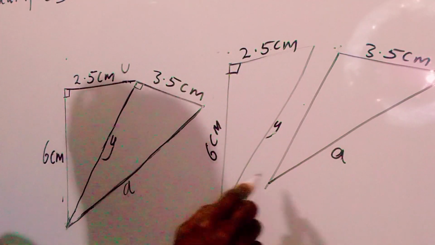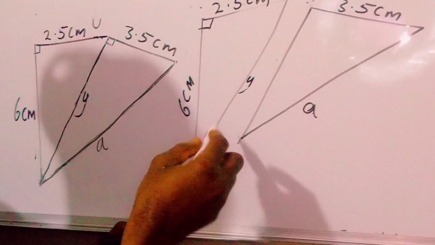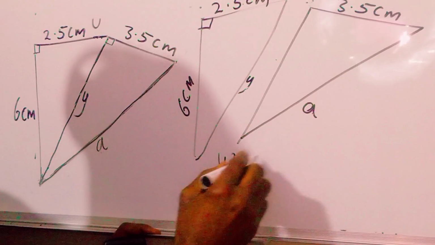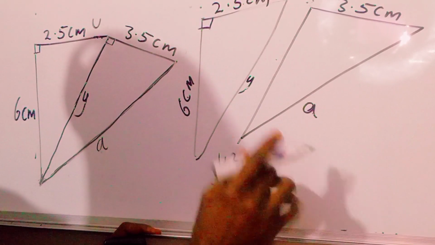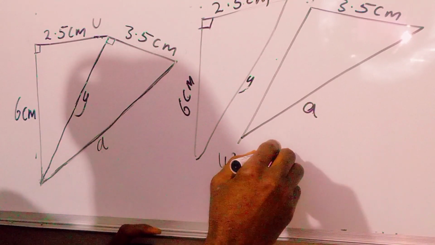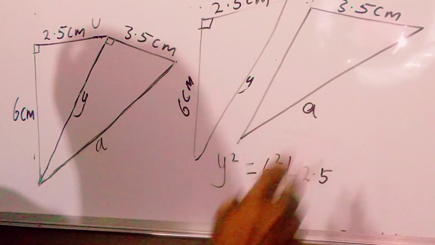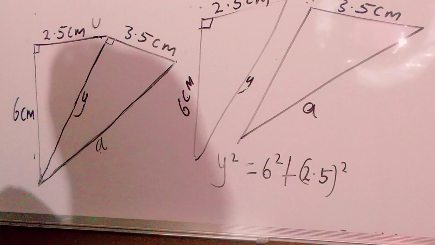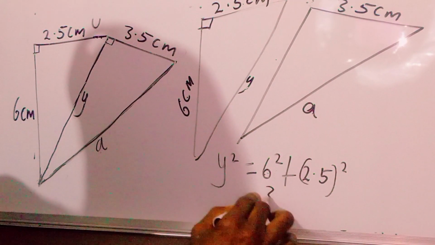So I'm going to say y squared equals 6 squared plus 2.5 squared. Let me remove the unit first. If you take the square of 6, you're going to have 36.